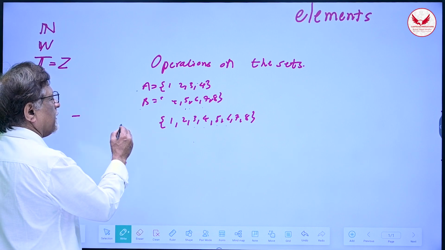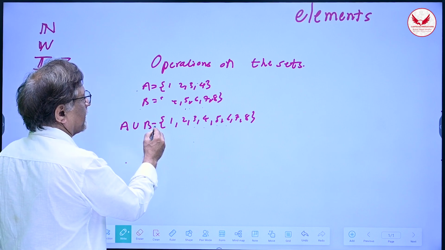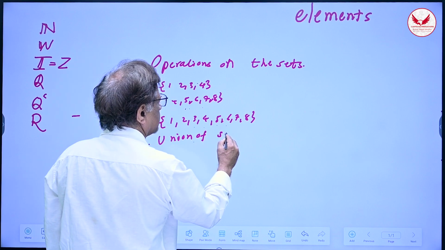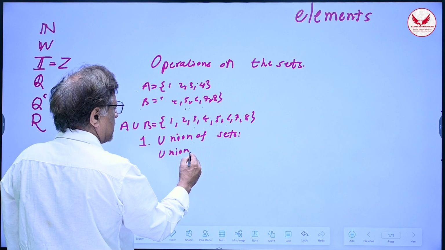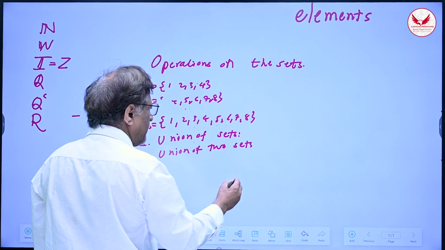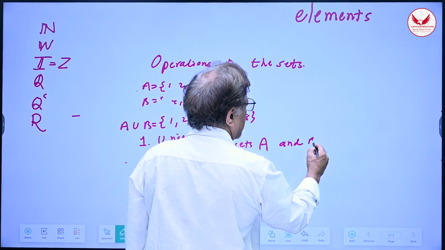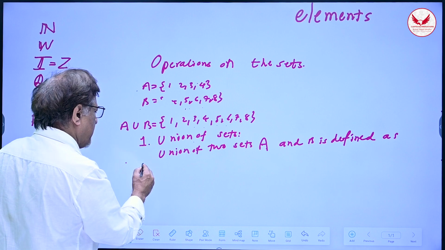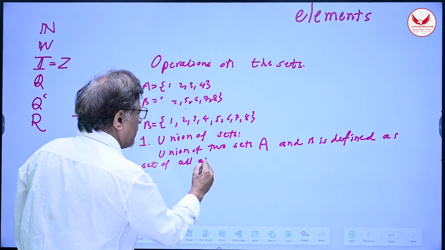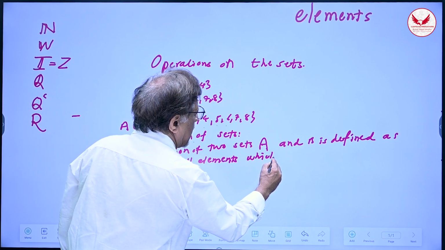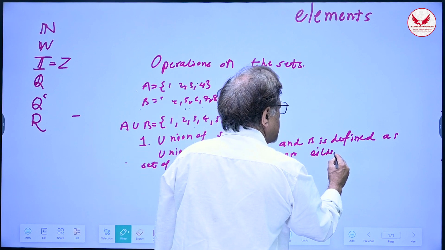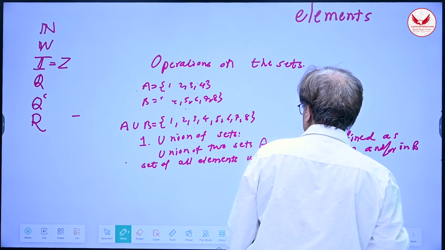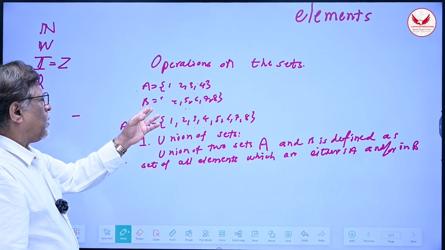So this set is called the union and it is denoted by A union B. Correct? So the first operation on sets is the union of sets. Now, the union of two sets, capital A and capital B, is defined as the set of all elements which are either in A and or in B. So they are either in A or in B or they may be in both.